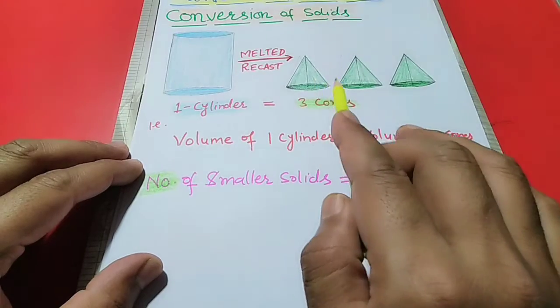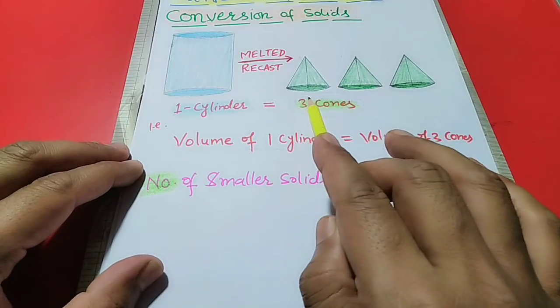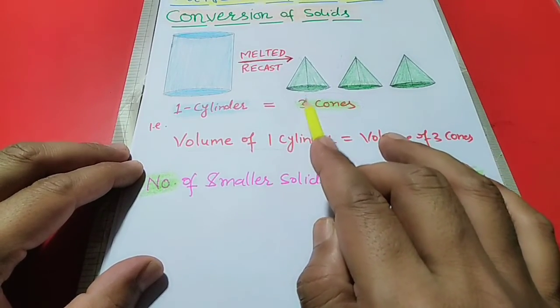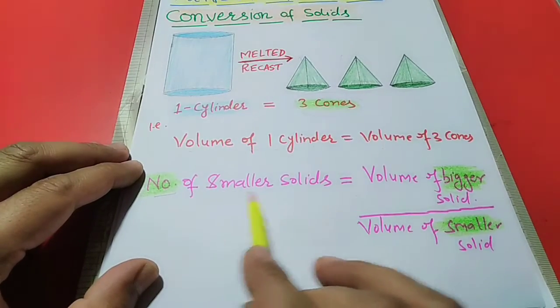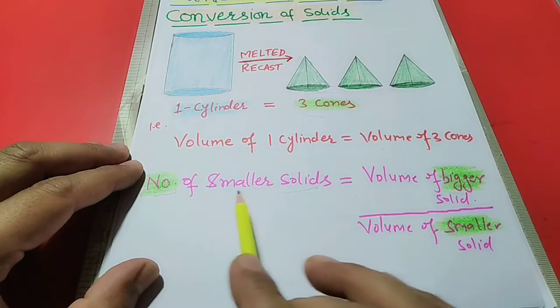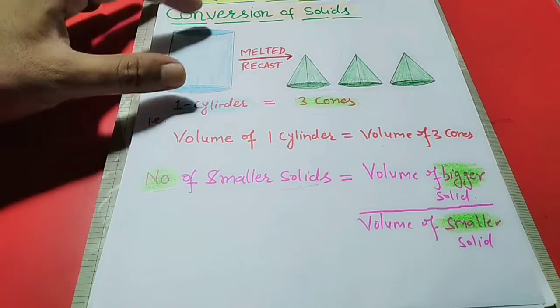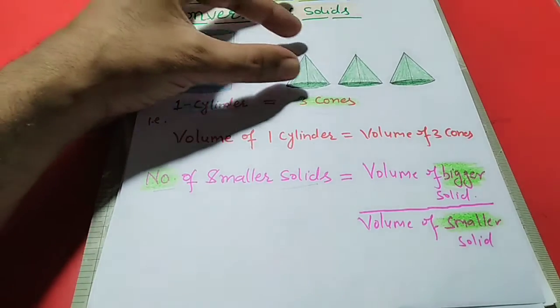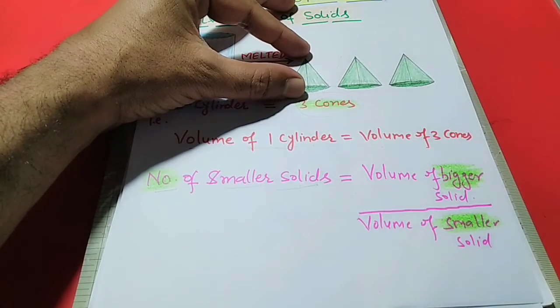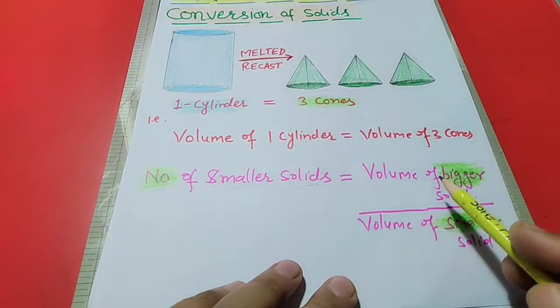Like here we have got three cones, that is, three numbers of cones. So how can I find the number of smaller solids? The number of smaller solids will be the volume of the bigger solid divided by the volume of one smaller solid. So this will be the formula we will use.